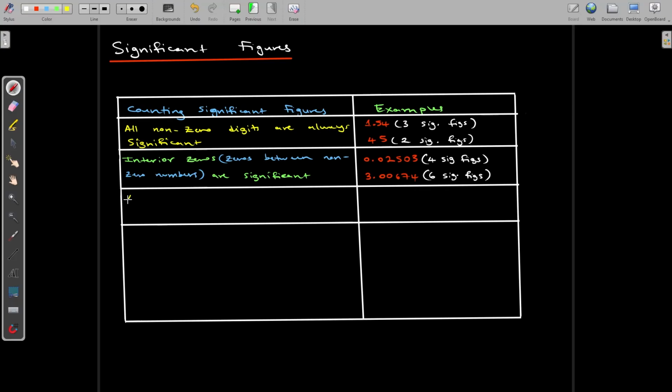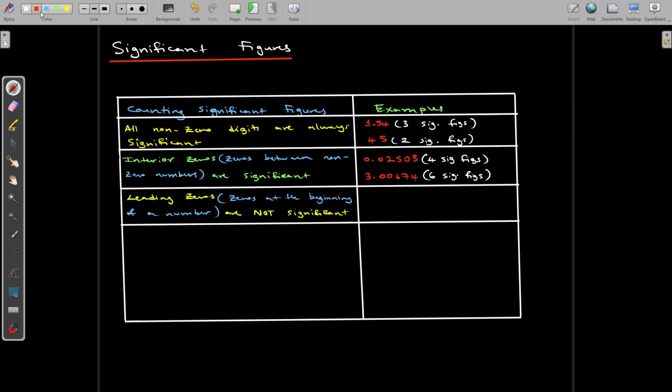Alright, so next, leading zeros. Zeros at the beginning of a number are not significant.